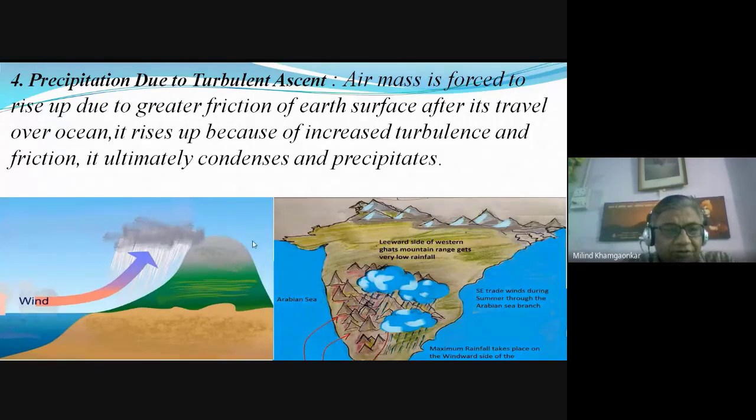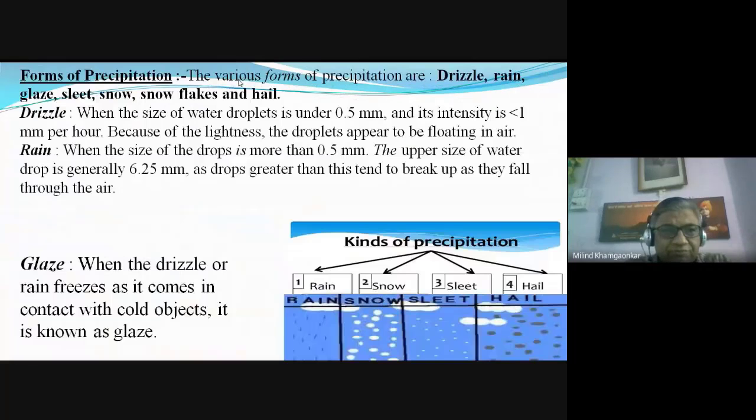That rainfall is called precipitation due to turbulent ascent. Whatever rainfall occurs due to hurricanes, or what we call vadal in Marathi, that rainfall occurs as a result of this turbulent ascent.